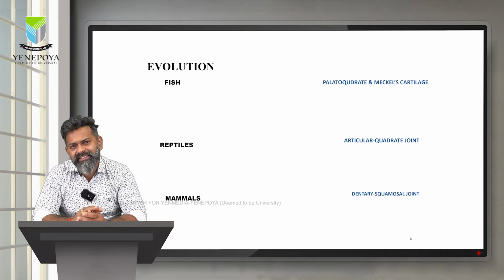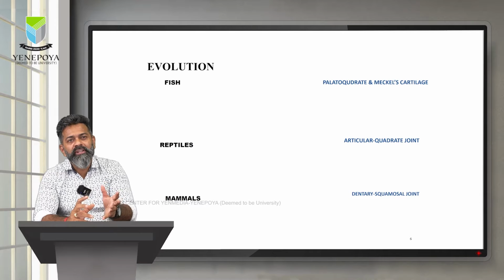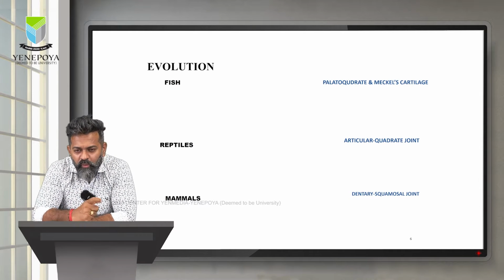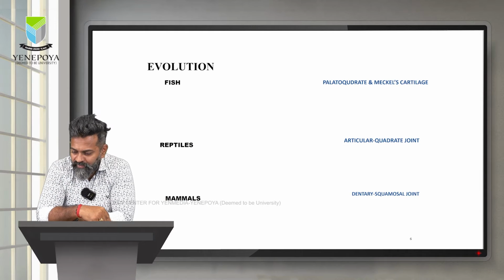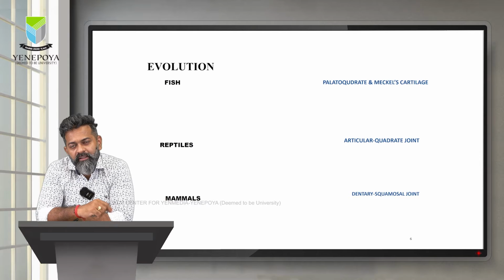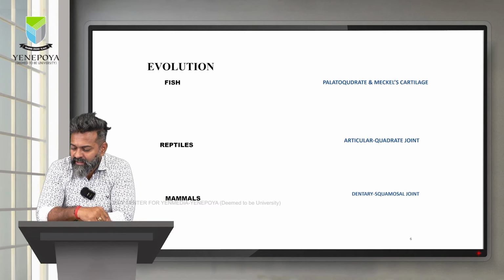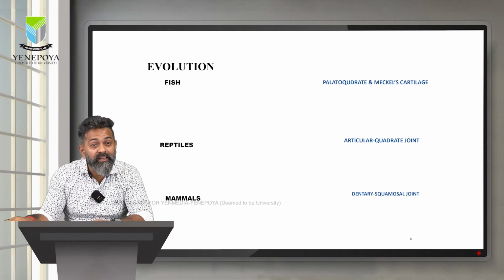In the initial days, the anterior two or three arches disappeared to form the mouth. Now, what is this mouth? The mouth had the mandibular arch, upper and lower parts. The upper part is called palatoquadrate and the lower one is called Meckel's cartilage. So the upper half of the mandibular arch became palatoquadrate and the lower became Meckel's cartilage.